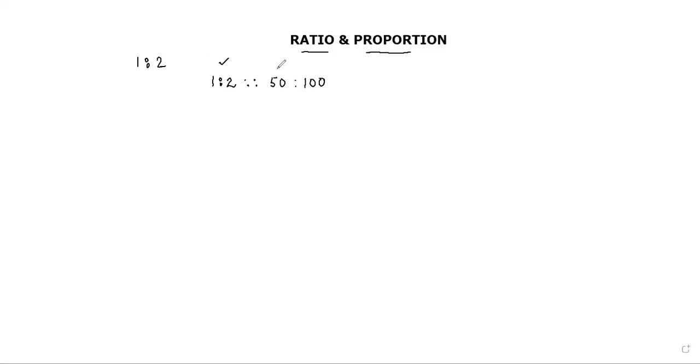This is one ratio, this is another ratio, and when I'm comparing two ratios, it is called proportion. I hope you could get the difference between the two. So in this video, we are going to only talk about proportion, right?